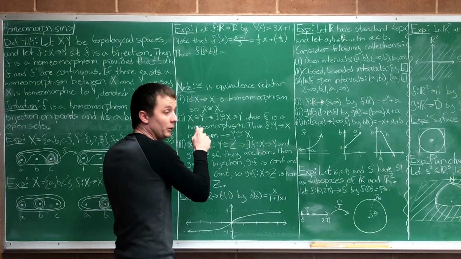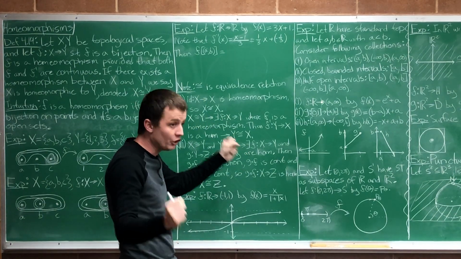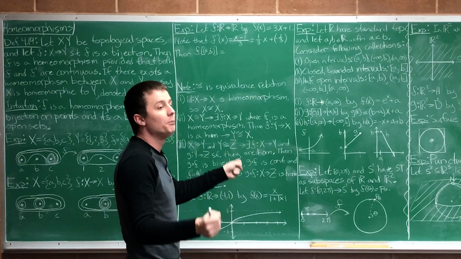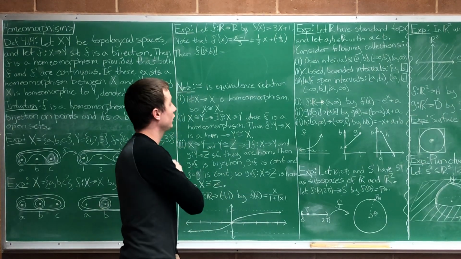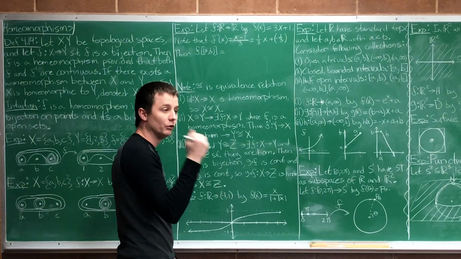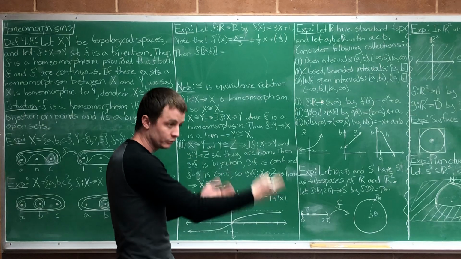So similarly, homeomorphisms don't say that two topologies are the same. They're not identical, but they have the same topological properties. Now, we haven't talked much about topological properties yet. We've only covered one so far in this class, which is Hausdorff. That's a topological property.